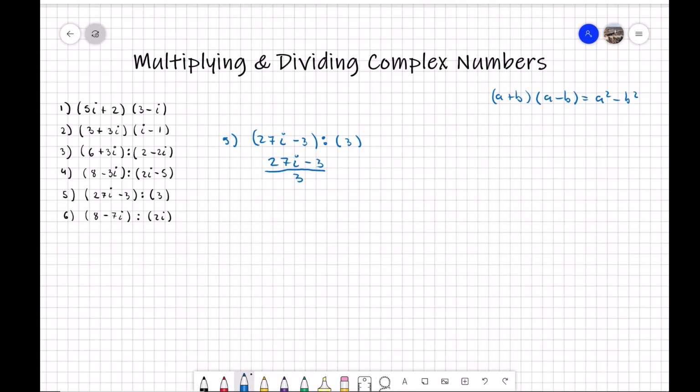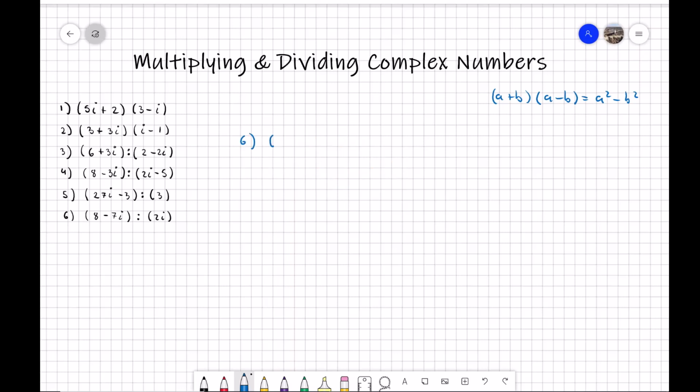We don't have any i or any negative number or any root, right? So that means we just have to simplify. If we simplify this, we end up with 9i minus 1, right? So you see in this case we didn't have to do all the steps we did before, because here we don't have any i at the bottom.